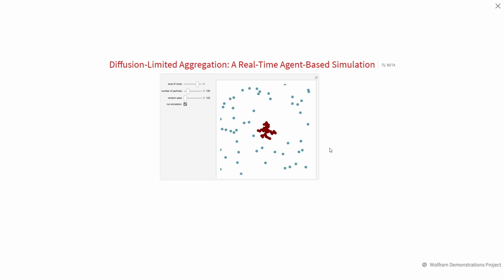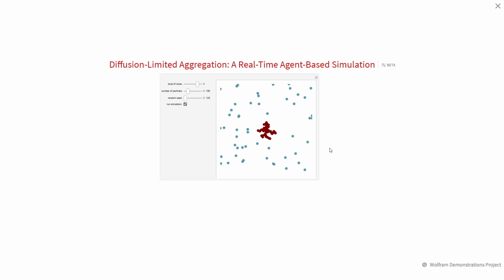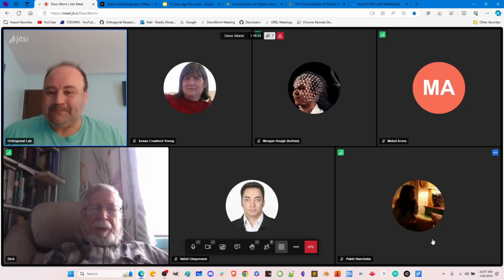And of course, if we run the simulation again and again, we get a pattern that's different, but it's similar in the structure. So you could analyze it and say that it's part of the same class of structure, even though it's totally different in terms of the individual parts.